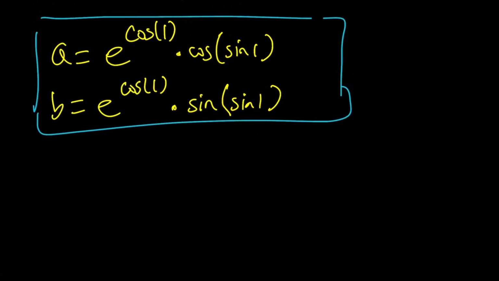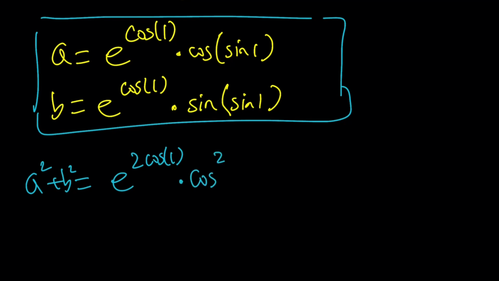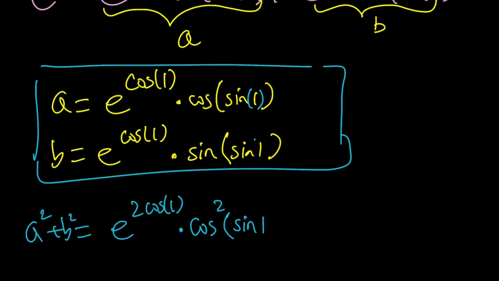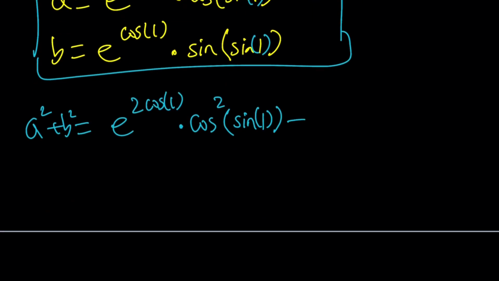Let's do it. a squared is going to be, from here, e to the power cosine 1 squared, but you can write it as e to the power 2 cosine 1. That's what happens when you square something. And when you square the cosine, it's just going to be cosine squared of sine 1. Make sense? Okay. And now, this is a squared. What about b squared?